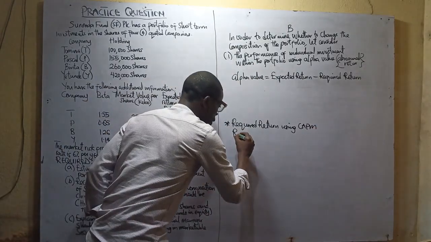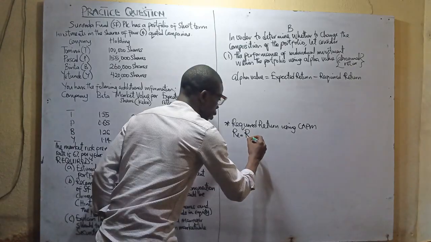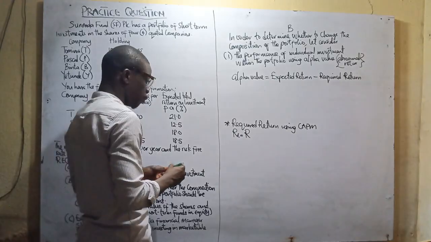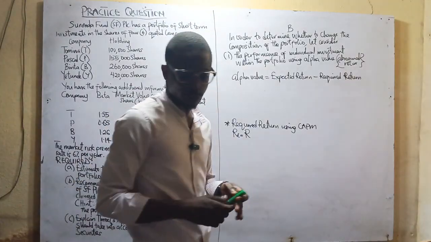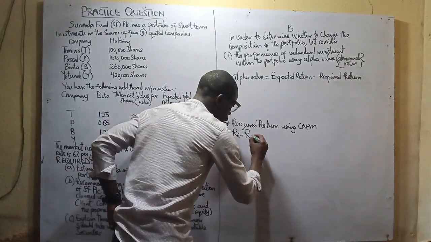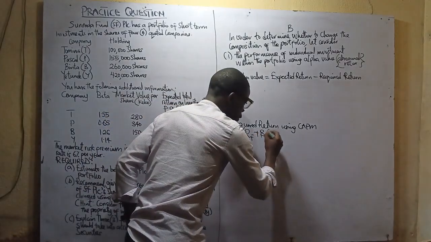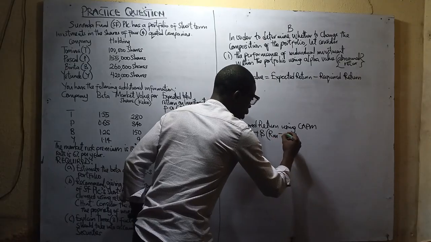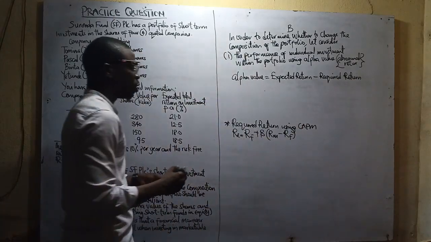The formula is RE is equal to the return of risk-free investment plus beta value, bracket, return of the market minus return of risk-free investment.